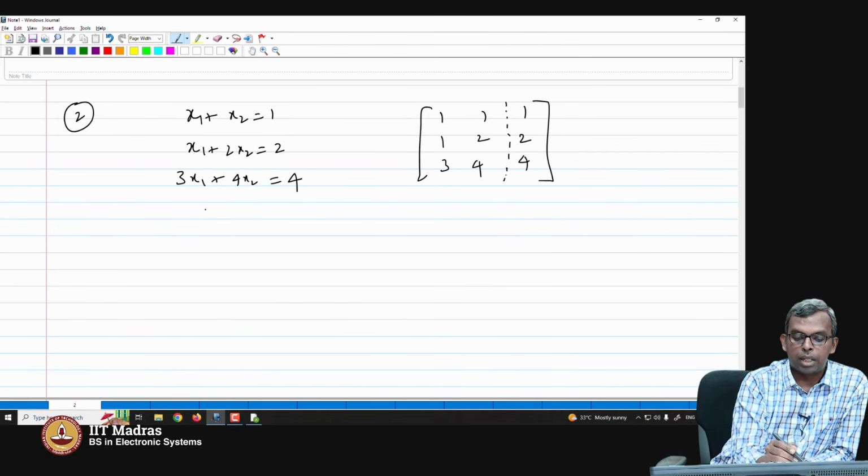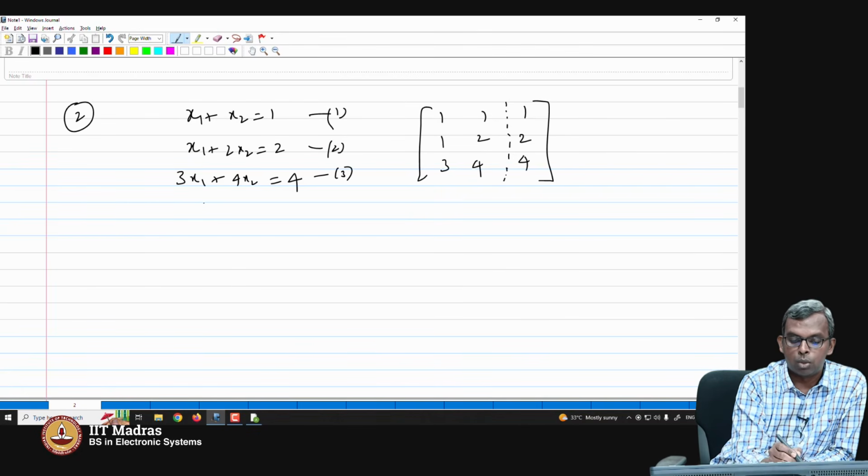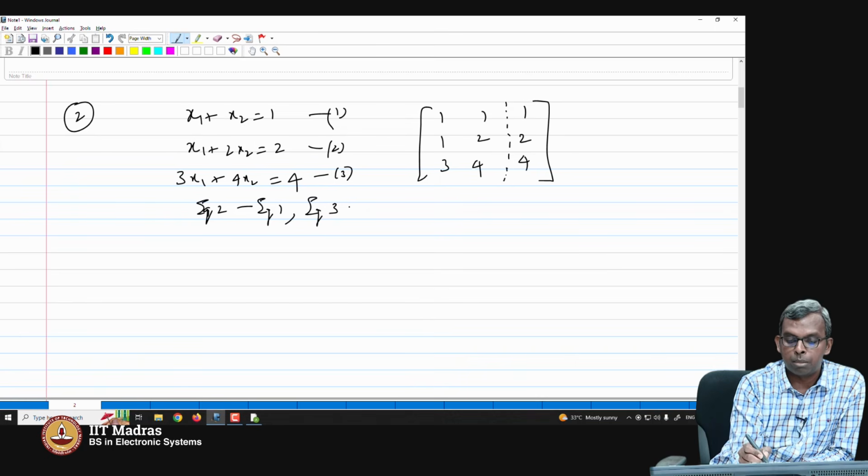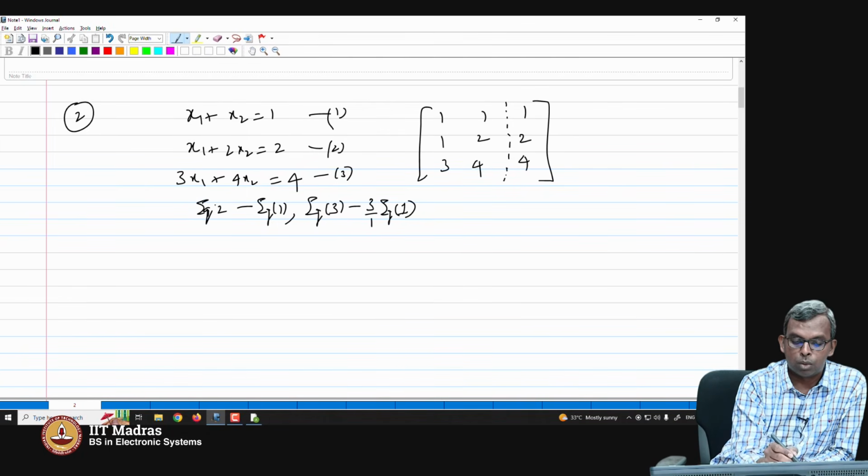Right. So the elimination, I'm going to do equation 2 is equation 2 minus equation 1, so on. So maybe I'll write it down here, 1, 2, 3. This alone, I'll write down very quickly, equation 2 minus equation 1, and then equation 3 minus 3 times 3 by 1 times equation 1. Okay. So this is what's going to happen here.